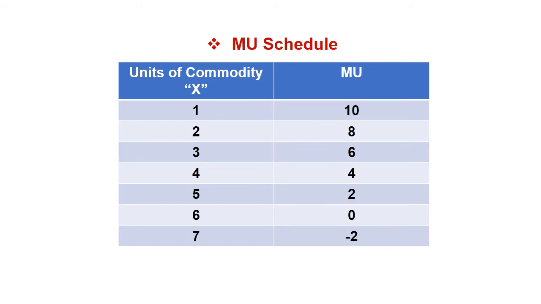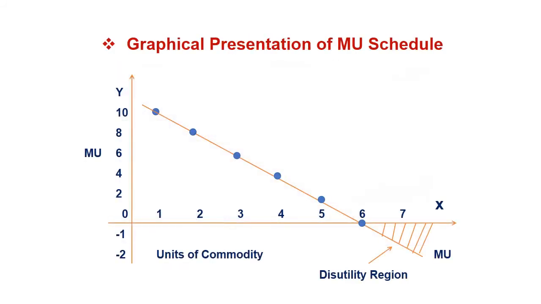With the consumption of each additional unit of commodity, marginal utility goes on falling. And the second observation is marginal utility can be positive, 0 and negative.